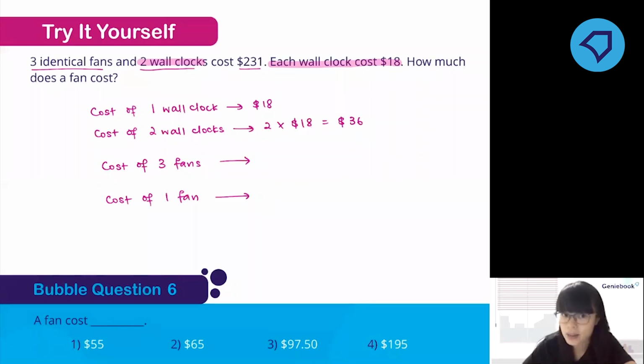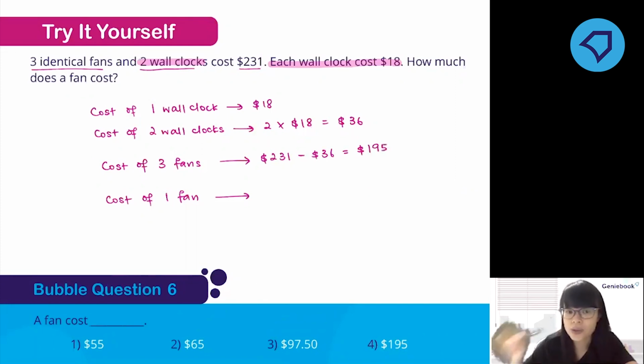How do you find the cost of 3 fans? What must you do? Addition, subtraction, multiplication, or division to find the cost of 3 fans. Minus, thank you, Singray. You take 231 minus $36 and you guys will get how much is that? 195. Thank you, Marisa. 195.